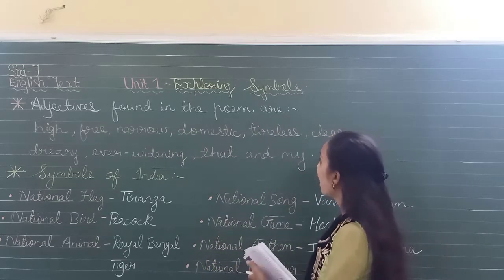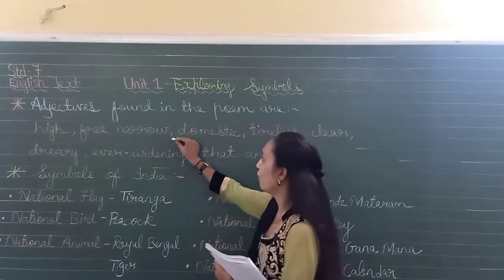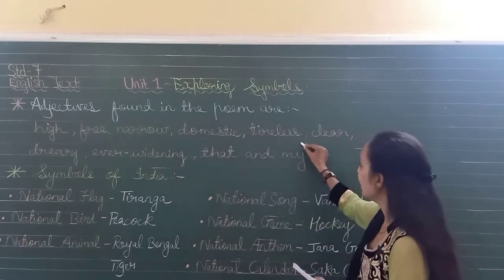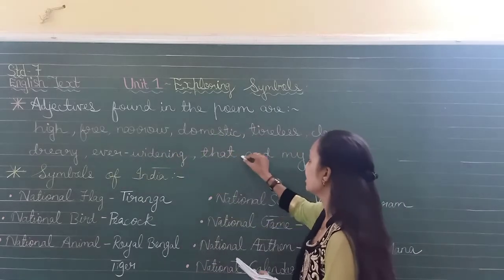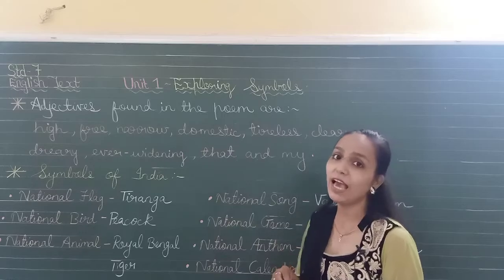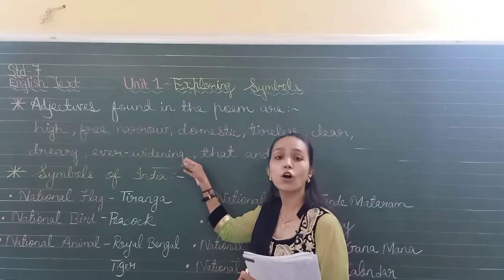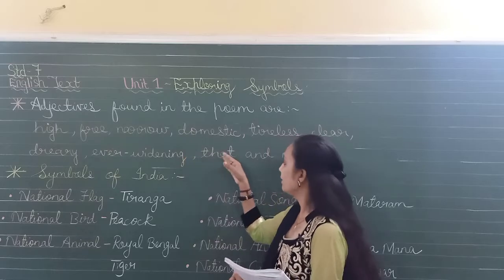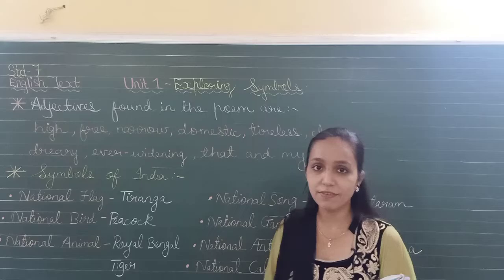So, adjectives found in the poem are high, free, narrow, domestic, tireless, clear, dreary, ever-widening, bright, and mild. So in total we have 10 adjectives. Till ever-widening, they are qualitative adjectives, then that is a demonstrative adjective, and mild is a possessive adjective.